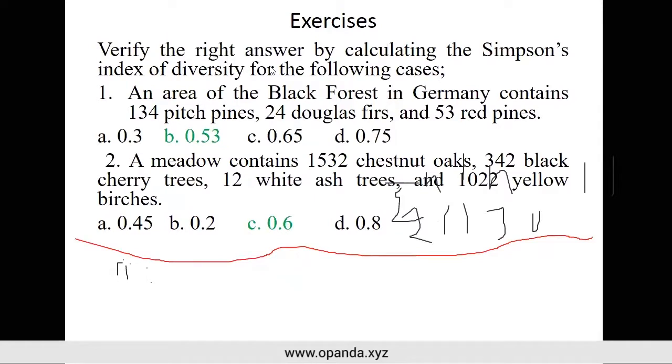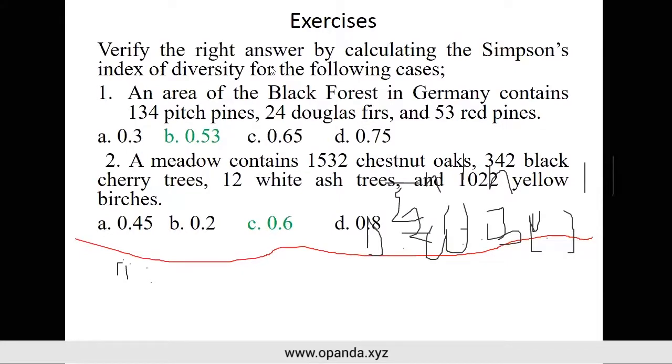Sum of n times n minus 1 over big N times big N minus 1. Wonderful. After going through the calculations, you find that D is going to be equal to 0.52, yeah, around there.